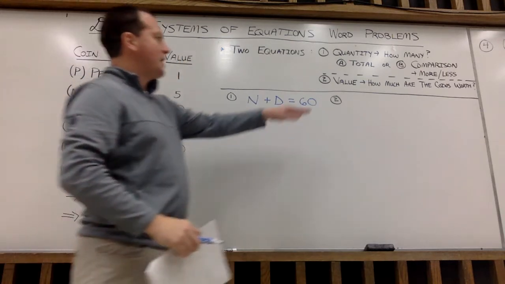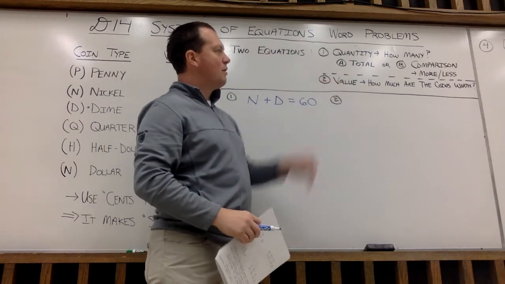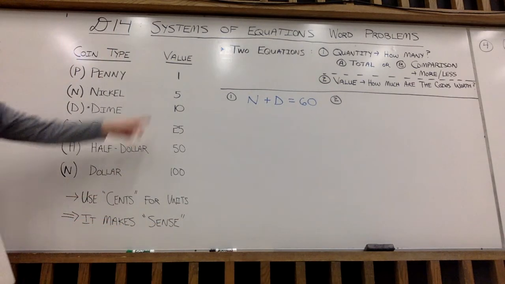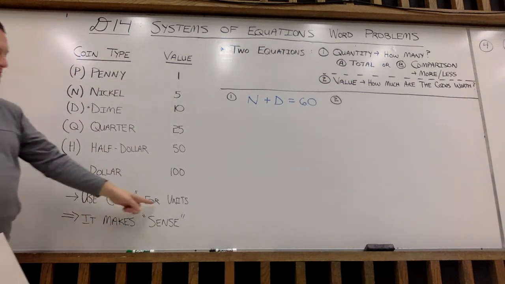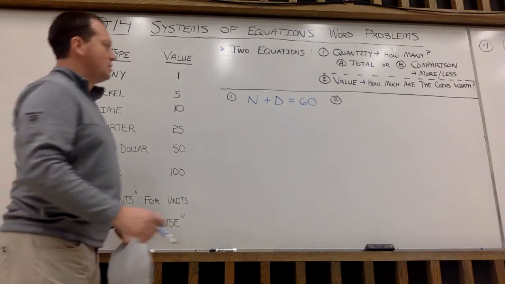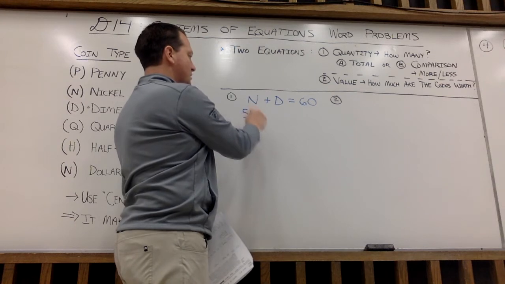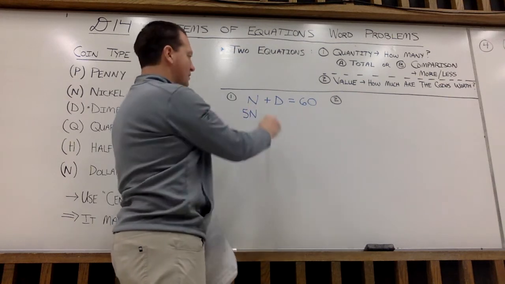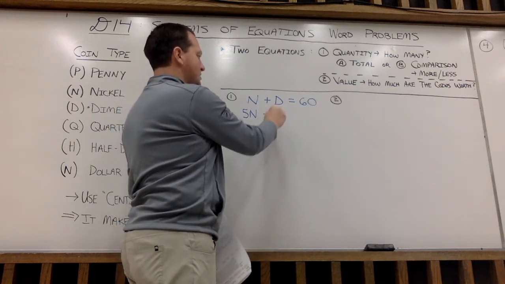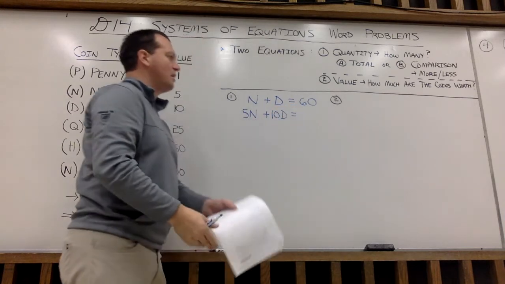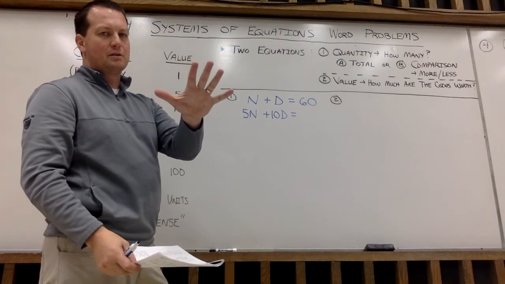Now, the value equation. I want to know how much the coins are worth. And the value, again, we are going to use cents for our units. So a nickel is 5 cents in value, so I'm going to say 5 cents for every nickel plus 10 cents for every dime needs to add up to a total of $5.